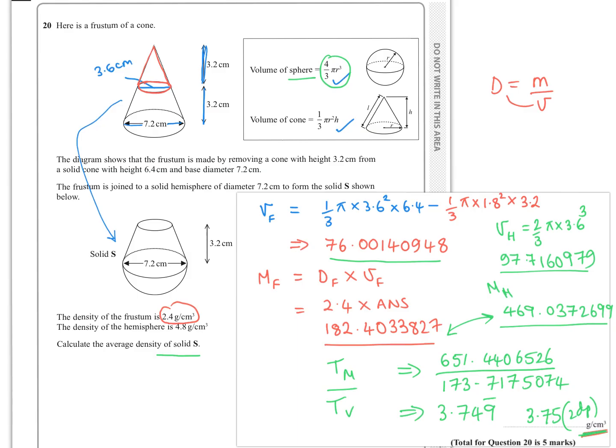So, quite tough. It'll be quite easy to make a mistake on that question, but hopefully you've followed it all the way through, and a good use of the calculator is vital in this type of question.